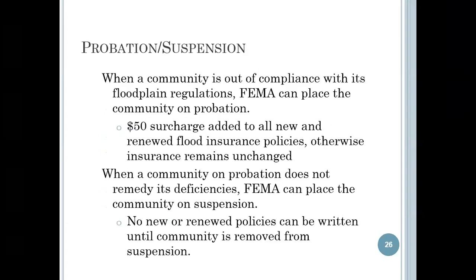We've talked a little bit about probation and suspension. Again, probation is the first step that we take to bring communities who are non-compliant into compliance with the floodplain management requirements. The probation will apply for up to 18 months, and the surcharge, which is $50, is added to every policy within that community.